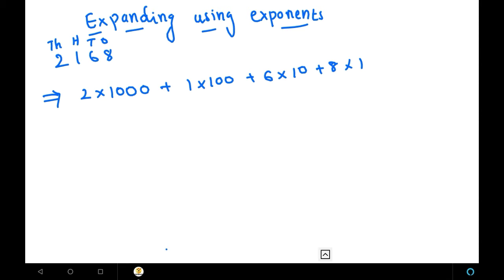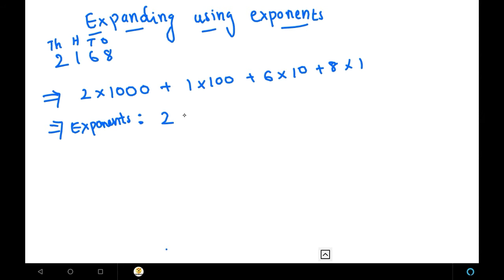So we have written the expanding form that we usually do, but the actual expanding form uses exponents and powers. Now we are going to see how to solve this same example using exponents and powers. We write it the same way, but we take the powers of the numbers.